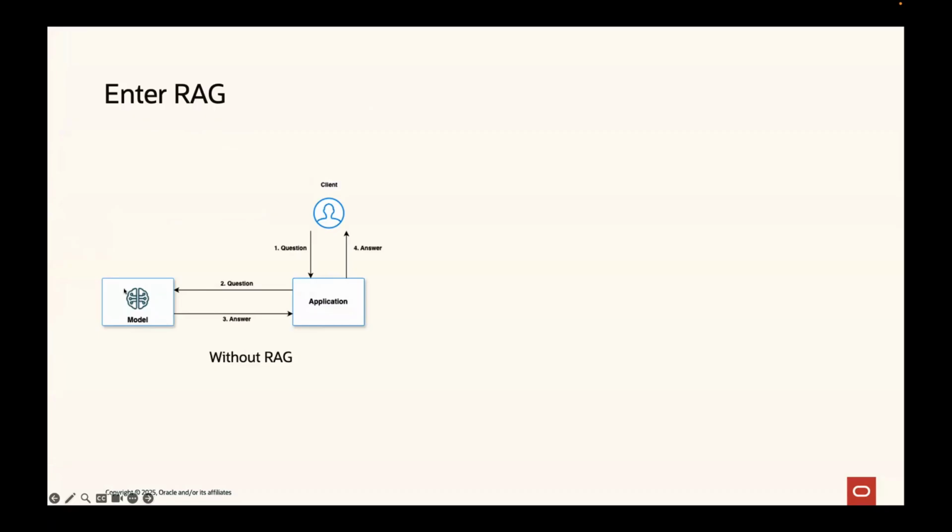That LLM could be either local or it could be a web service that's provided, let's say by OpenAI or a hosted cloud provider. Oracle has an OCI generative AI service that's provided. So that LLM, or large language model, will process that question and respond back with a response. Fairly typical.